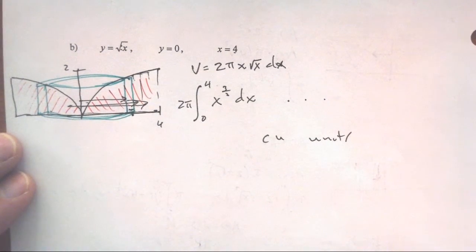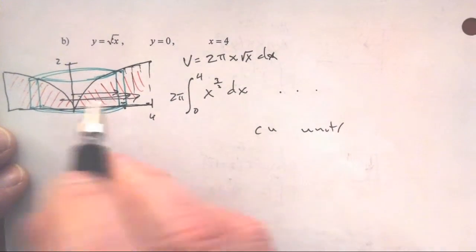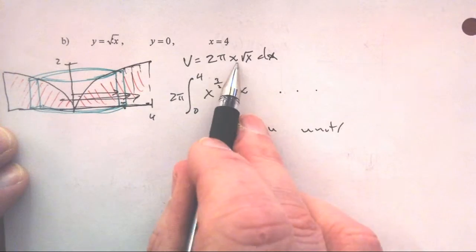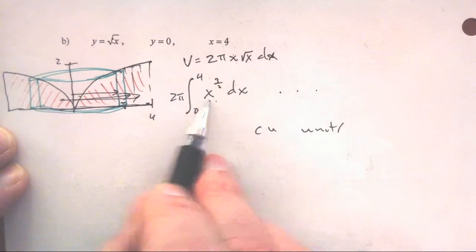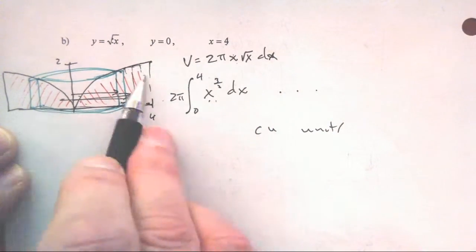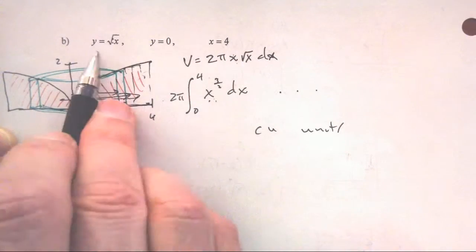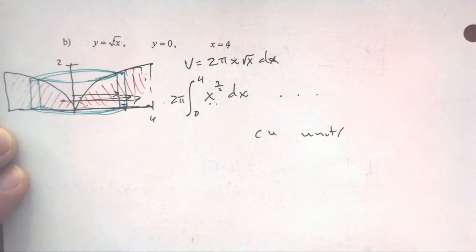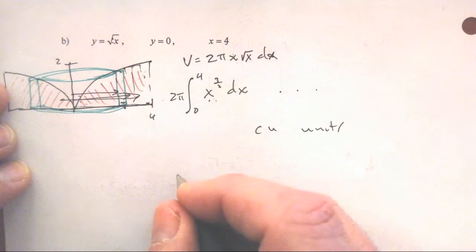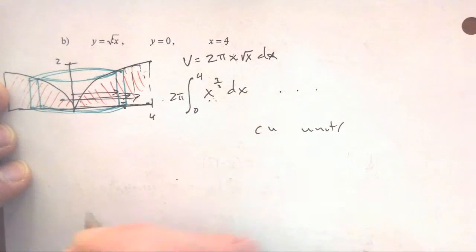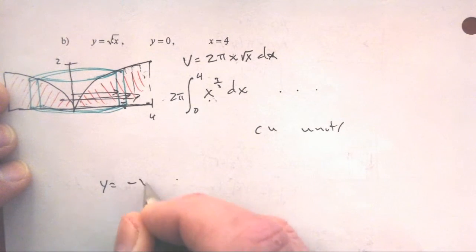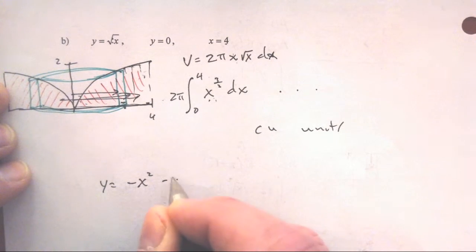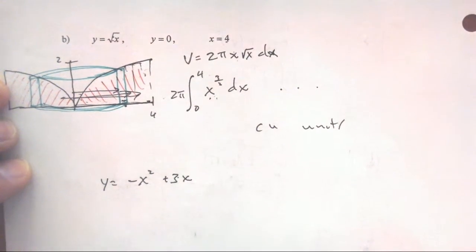The big payoff on these in some cases is that I don't have to be able to solve for y to rotate horizontally. I can leave my functions in terms of x. Why does that matter? Let's consider for a moment, let's say we had y equals negative x squared plus 3x.